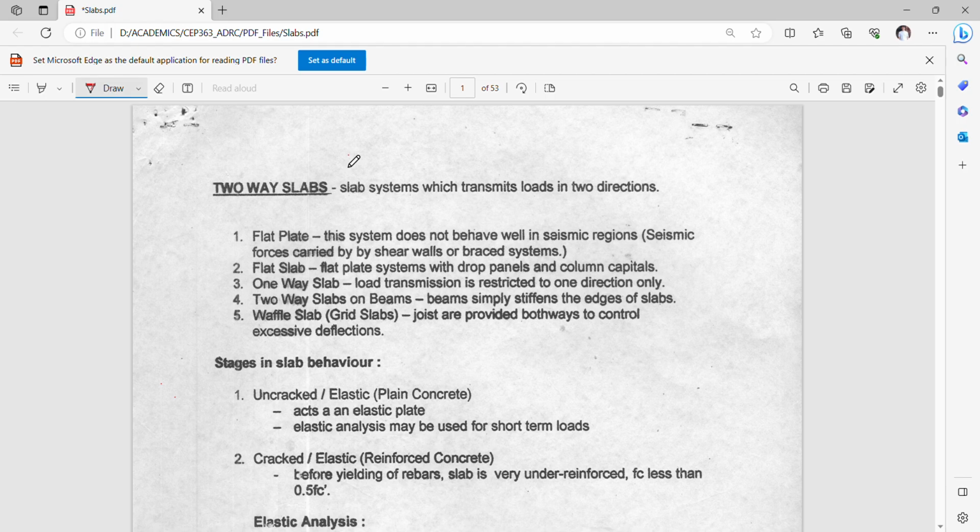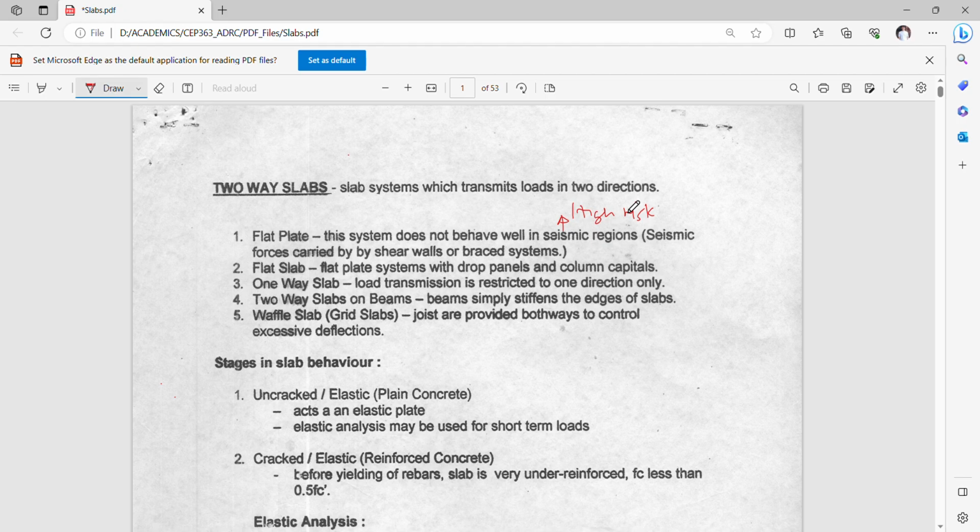But the flat plate is very common in areas where there's no high risk in terms of seismicity. For high risk seismic regions, this flat plate is not really critical.